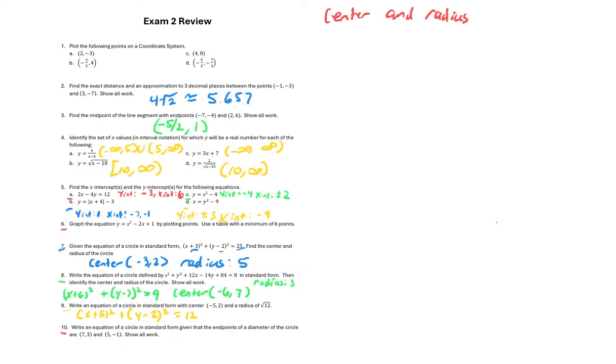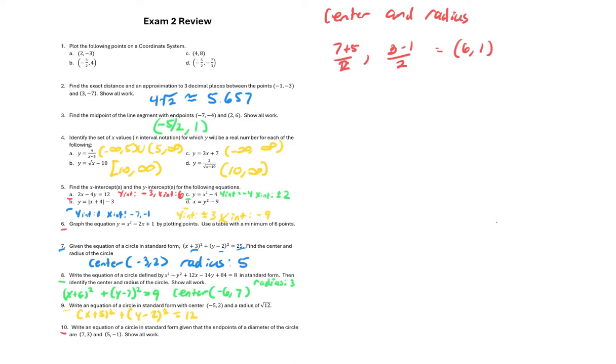So how we find the center is we take the midpoint of a diameter. So we'll get 7 plus 5 over 2, and then 3 minus 1 over 2. So the center is located at 6, 1.